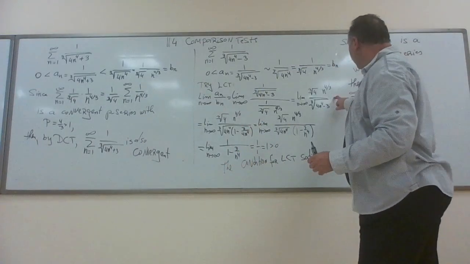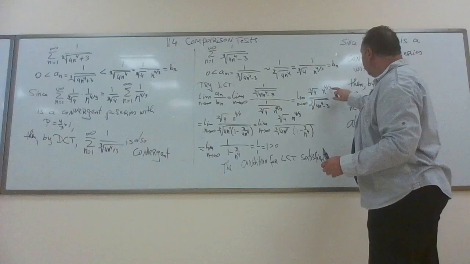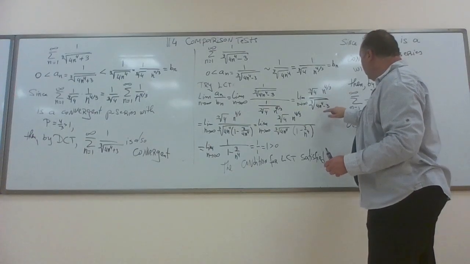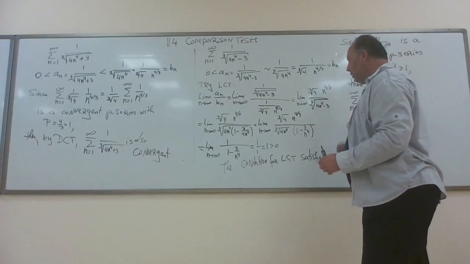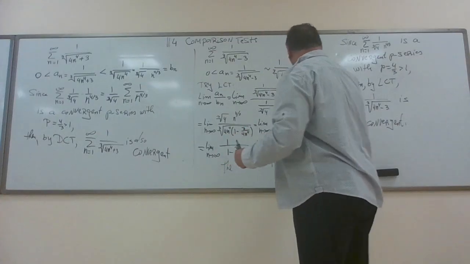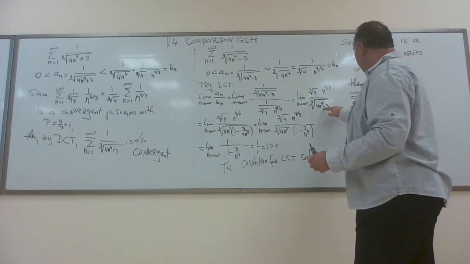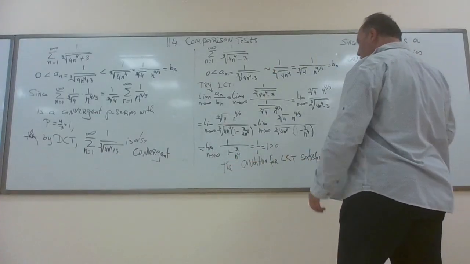Now, usually what we do, we want to simplify things. So we will try to factor 4n to power 4 here in this root. It's not a problem, we can always do that. So the first term becomes 1, and the second term becomes minus 3 over 4n to power 4.